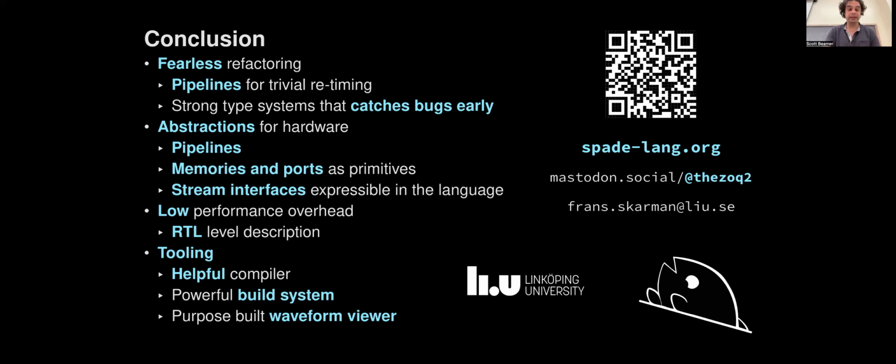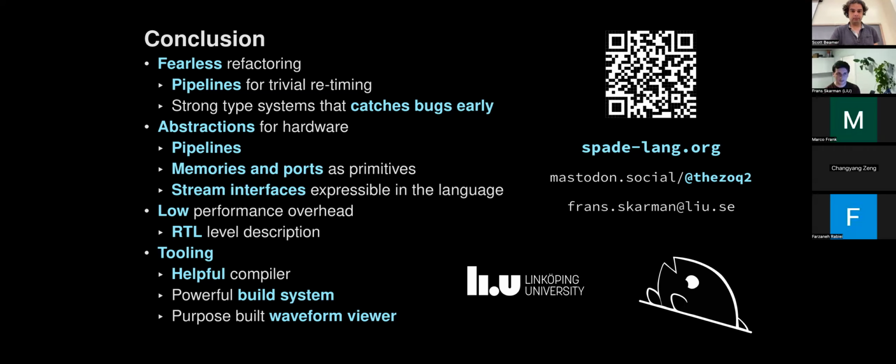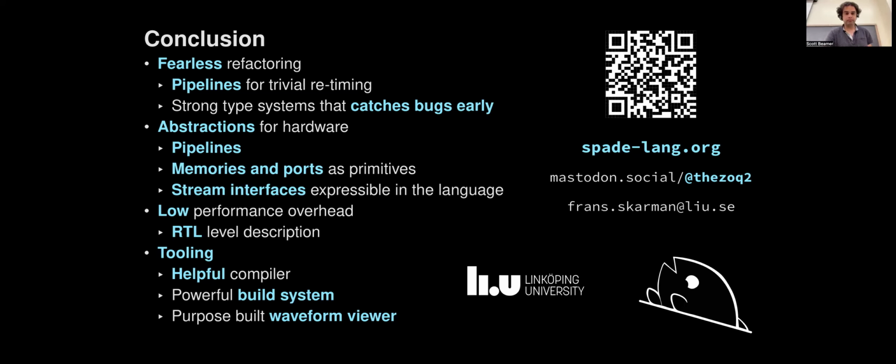Yes, in-person question. So you maybe mentioned this already, but is there an escape hatch for IP that is treated as a black box or some existing Verilog or anything like that within Spade? Yes, there is. You mark your module with extern, and then you write the Spade wrapper or Spade interface around it.